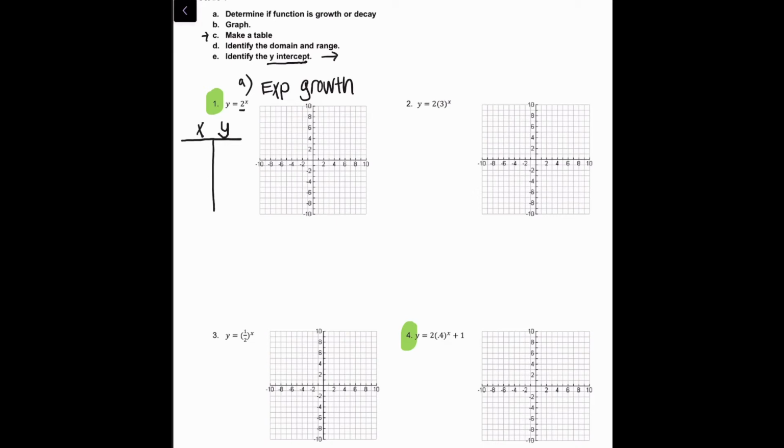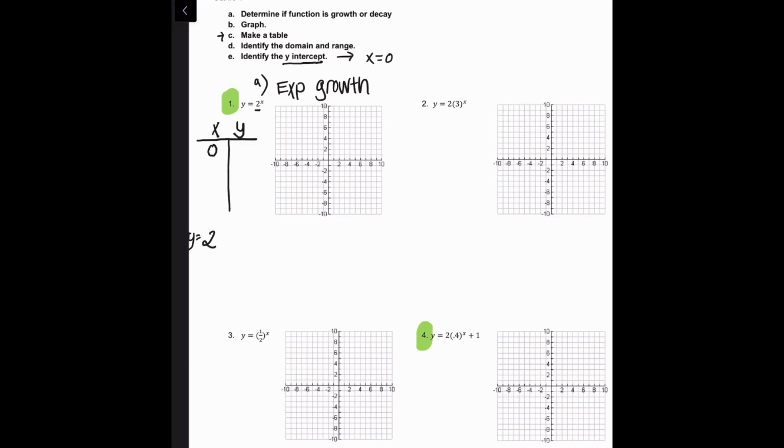And we know y-intercept is when your x value is 0. So let's see what happens when we plug in 0. On the side, do the work. Y equals 2 to the power of 0. Any number to the power of 0, you could check it in your calculator, is always 1. So we have a little point at 0, 1.